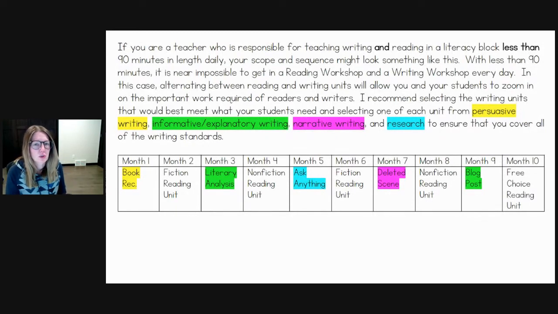For those of you who are responsible for teaching writing and reading with a literacy block that is less than 90 minutes in length, I do recommend alternating between reading and writing units. So your scope and sequence might look a little bit more like this. Once again, in this case, I would recommend that you for sure hit on every single one of the different genres at least once.